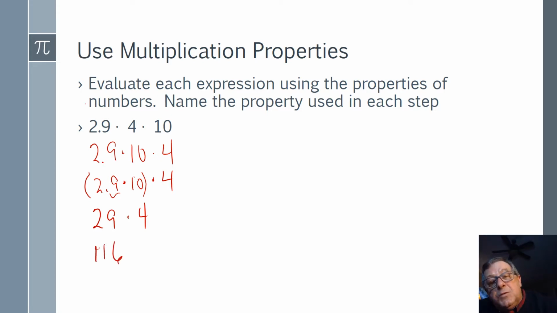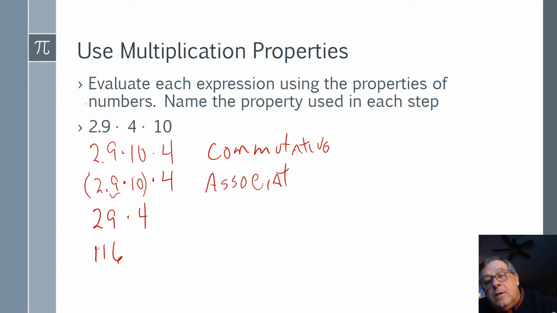So this was the commutative property. And this was the associative property. And this was substitution. And this was substitution.